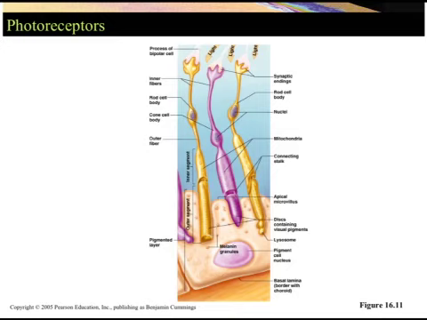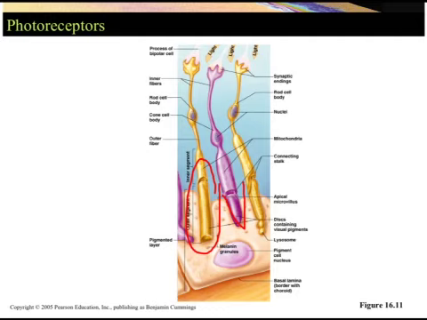They're called rod and cone cells simply because of their shape. Obviously, they're not perfect rods or cones, but the rod cells look a little more like straight rods, whereas the cone cells come to a pointed edge. And again, they receive light signals.